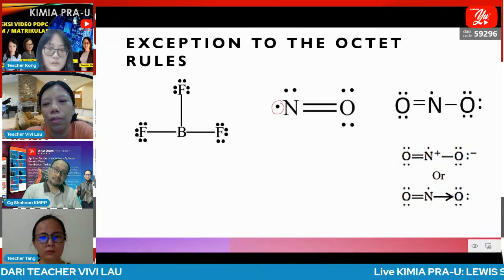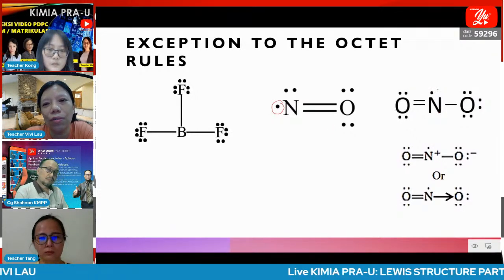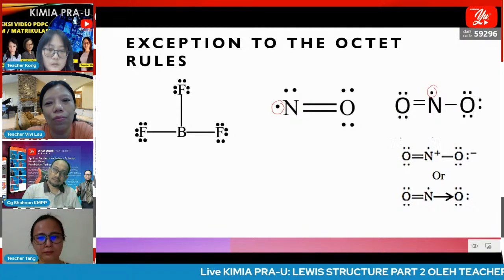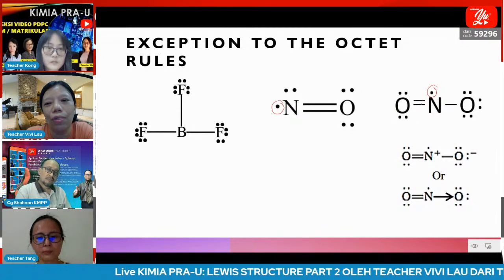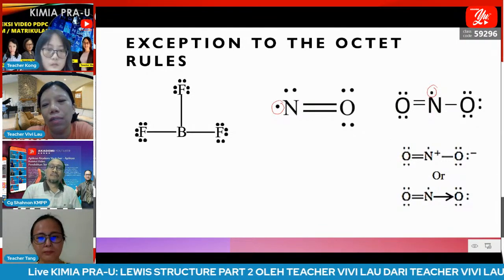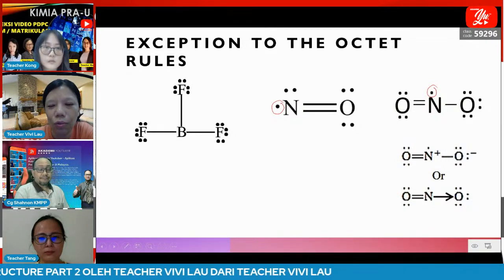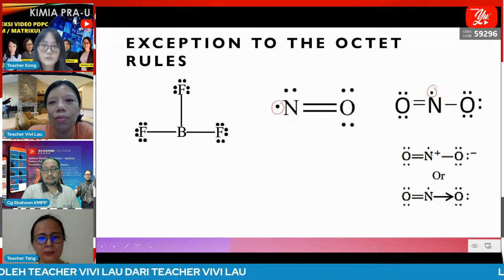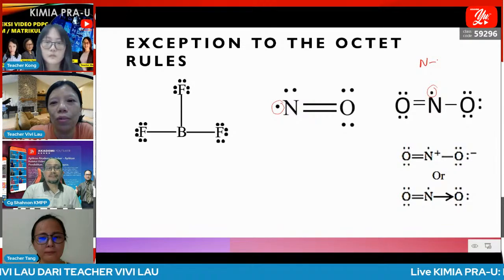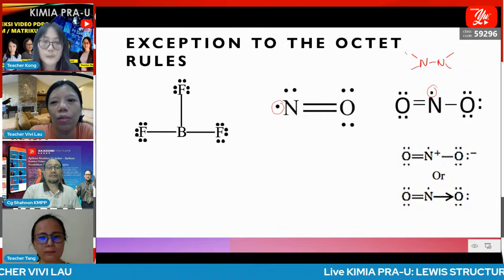Then the next one is NO2 like just now. It has 1 odd electron, so it does not follow the octet. So altogether 7 electrons. So it will tend to form the N2O4 just now. Two will join together and form the stable N2O4.